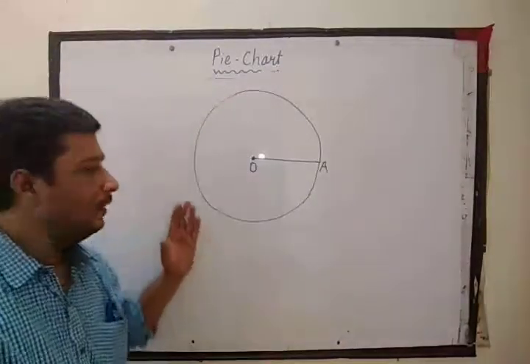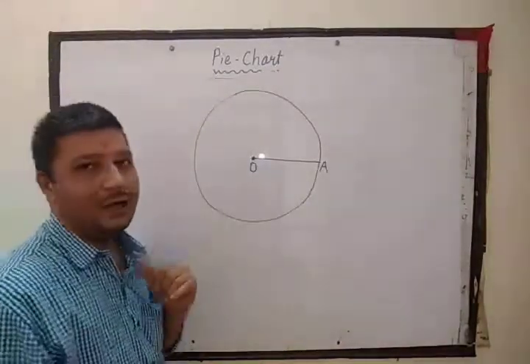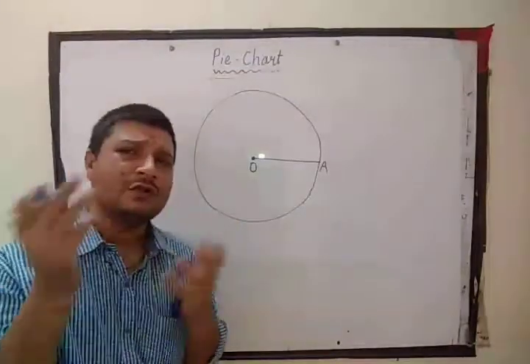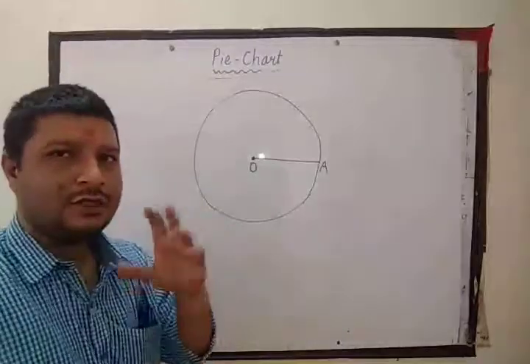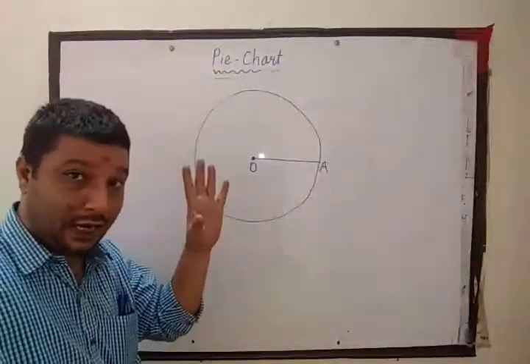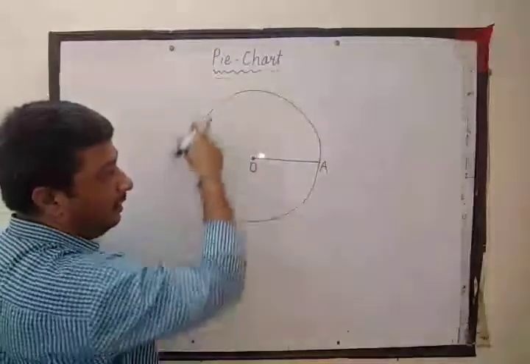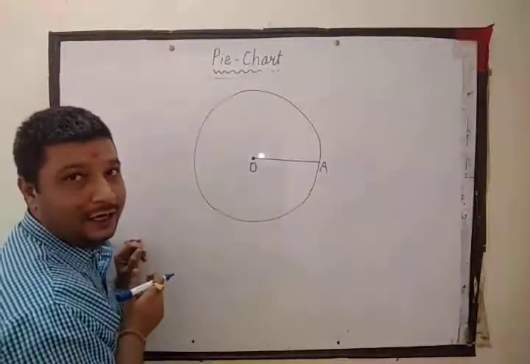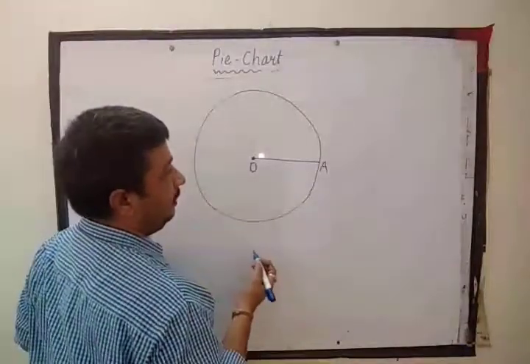So here we draw a circle. What is the radius to be taken? 4 centimeters you can generally take, if you are asked in the question to draw it in this way. So I have taken a 4 centimeter radius, and OA is one of my radii, of 4 centimeters.